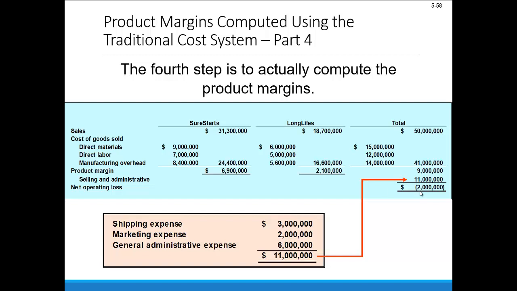So at least in theory, if our ABC team came up with some good activity cost pools that accurately describe how overhead resources are consumed within our production processes, then we may have a more clear picture about which product uses more resources, and that should help us focus on selling the thing that's most profitable. In this case, that's supposed to be the Sure Start battery there.